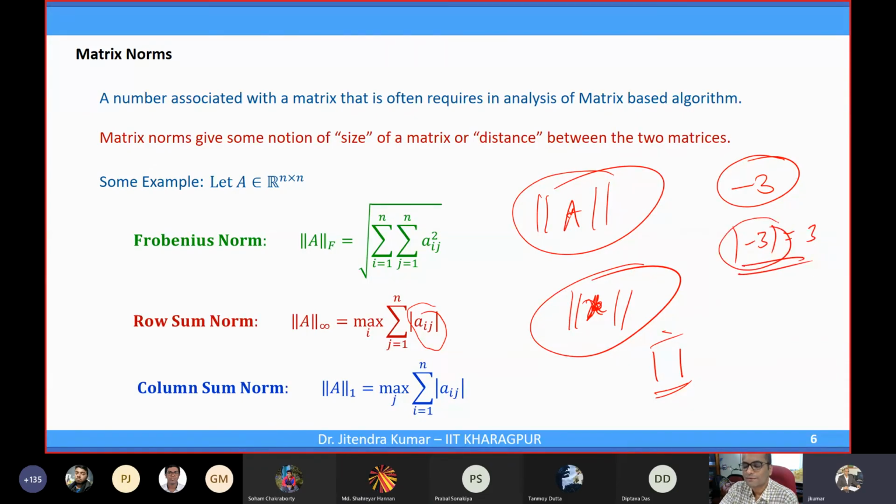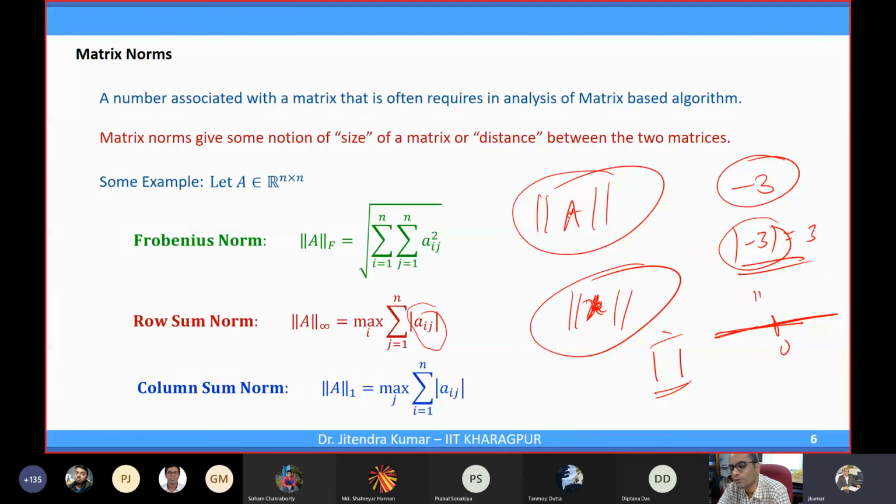It actually begins from there. When you have one entry, this is fine: you are checking the absolute value and measuring how big that number is, how close it is to zero.